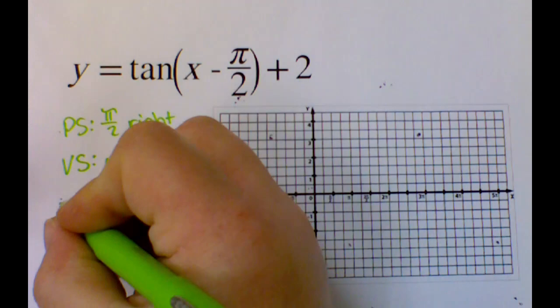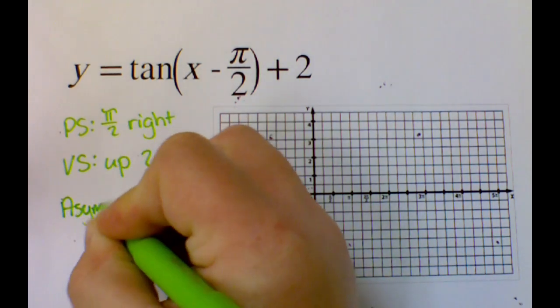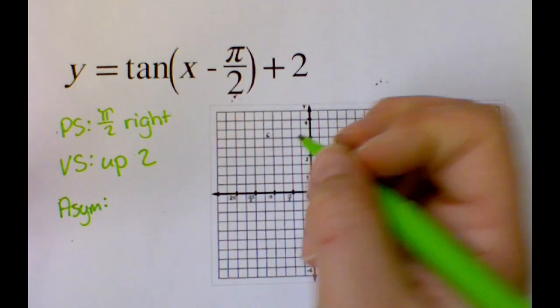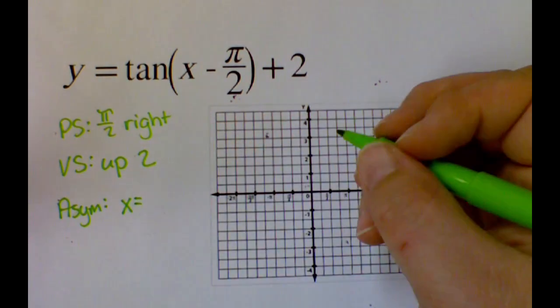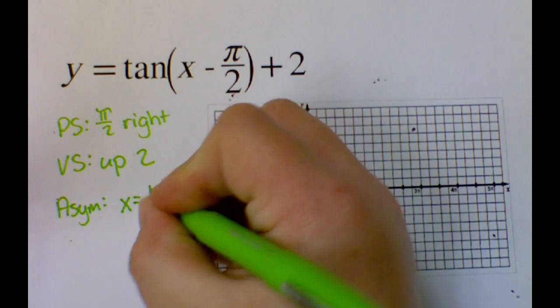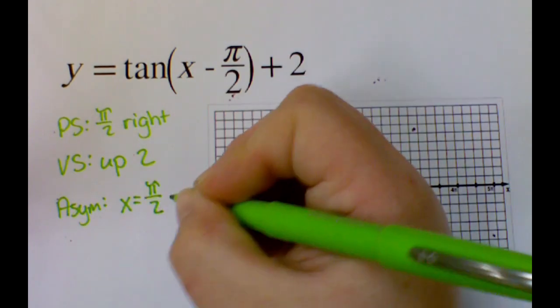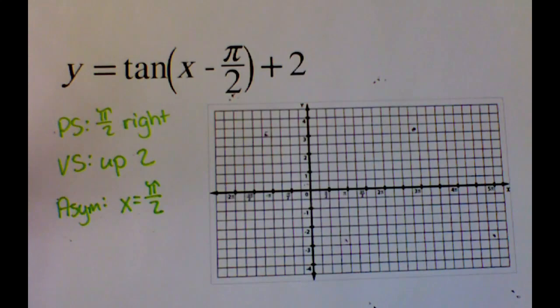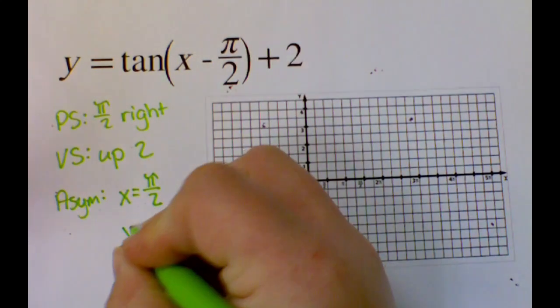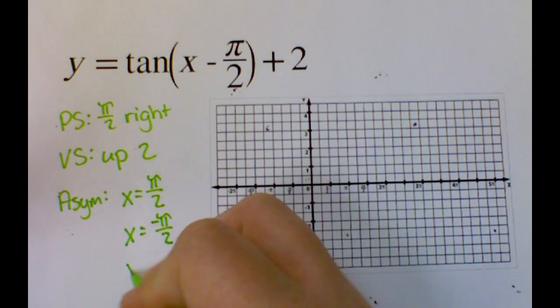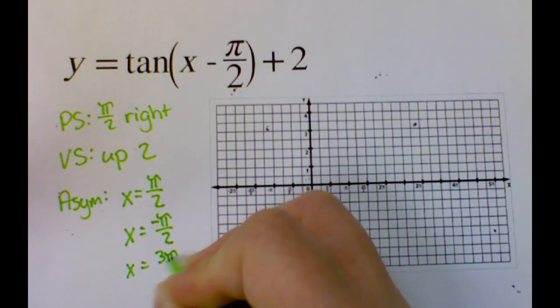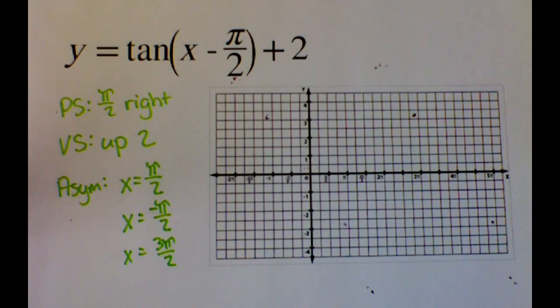Our asymptotes are at x equals pi over 2 over b. Well, b is just 1, so I have x equals pi over 2. My period is just pi over b, which is just pi. So that means my next asymptote could be at negative pi over 2 or positive 3 pi over 2. We didn't change that.